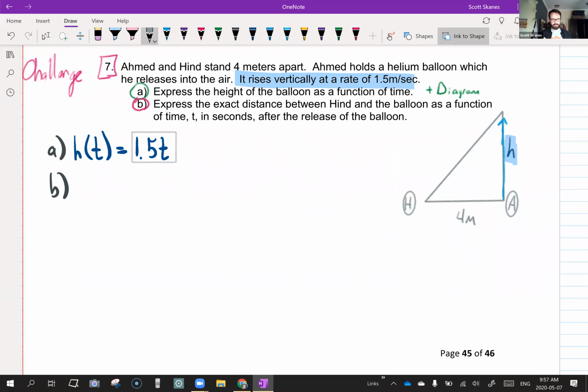Express the exact distance between Hind and the balloon as a function of time t in seconds. I'll make that purple. The exact distance between Hind and the balloon, that's going to be the hypotenuse.